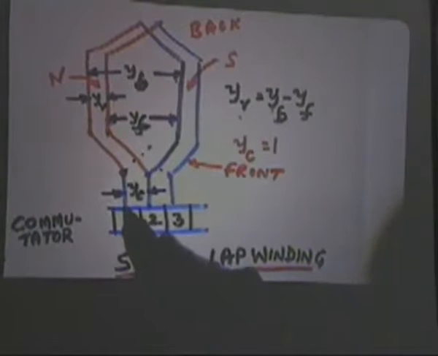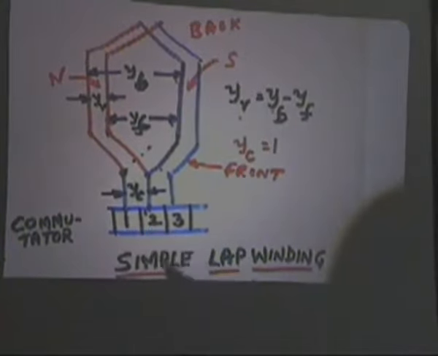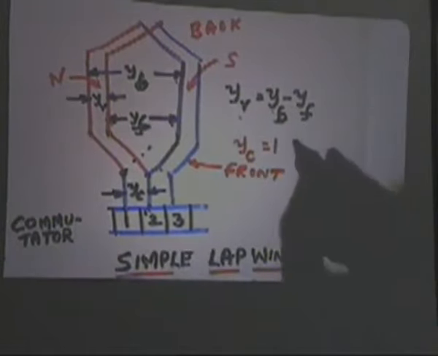So we define the distance between successive coils connected to the commutator as the commutator pitch. So in this case commutator pitch is 1, that means 1 commutator segment.